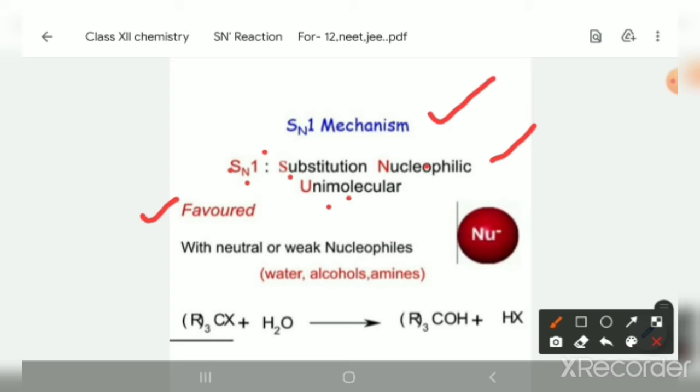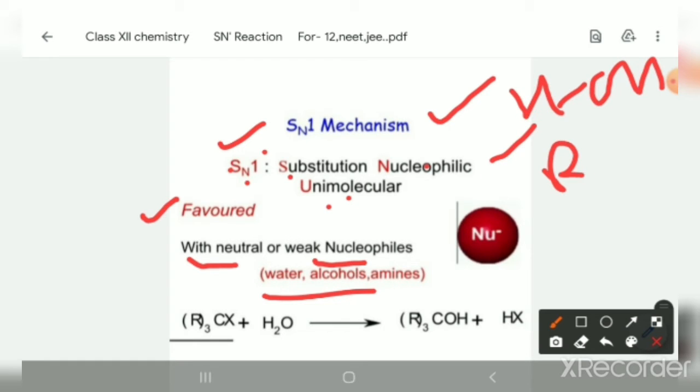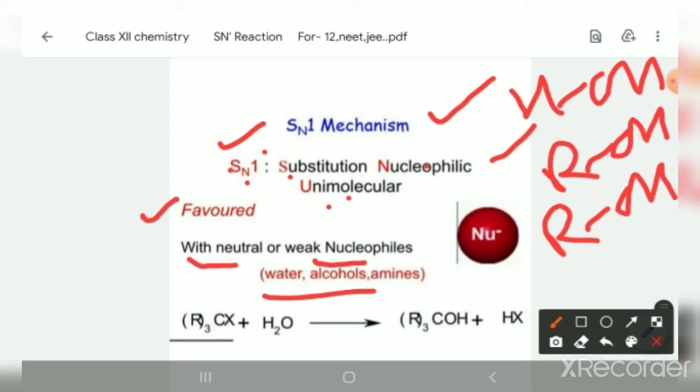These are some important conditions that favor the SN1 reaction: neutral or weak nucleophile. Water, alcohol or amine are weak nucleophiles. So these nucleophiles favor the SN1 reaction, and there is one example given here.